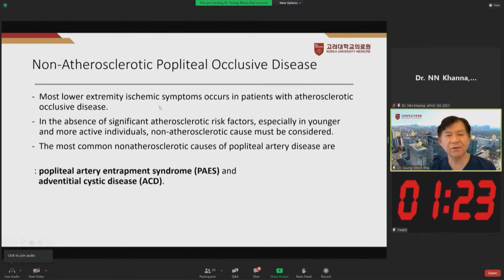Among non-atherosclerotic popliteal diseases, PAES and cystic adventitial disease are the most common. Especially in young patients with few ASO risk factors, we should always think, before injuring the popliteal artery with aggressive balloon or stenting, whether we should send the patient to surgery or not.